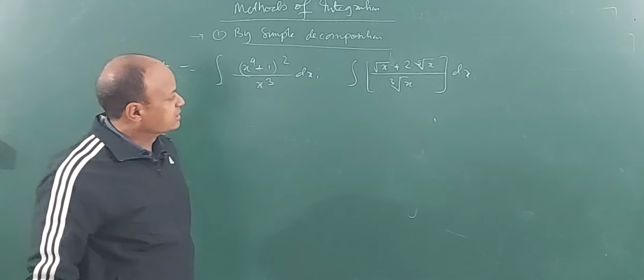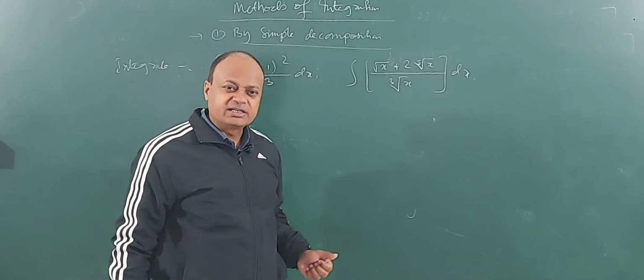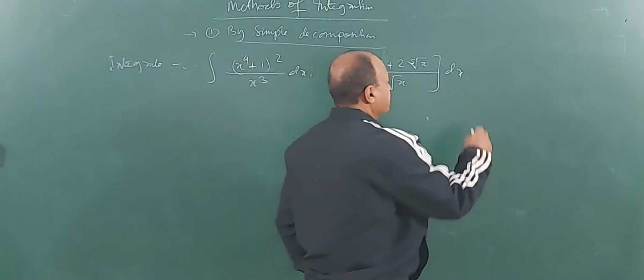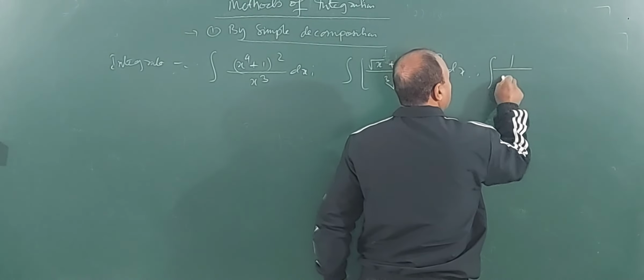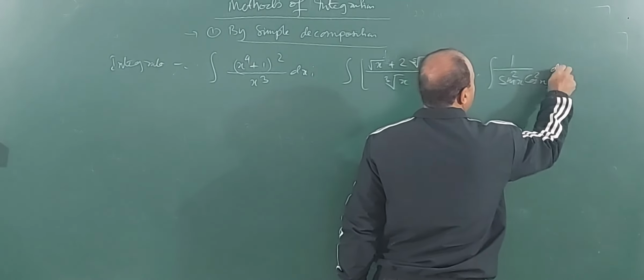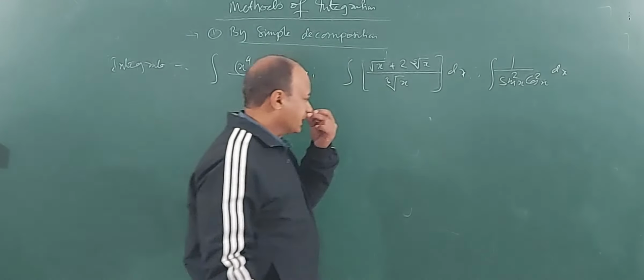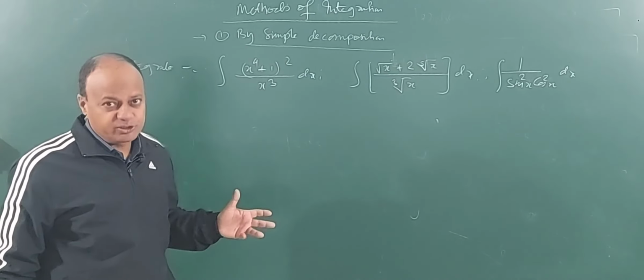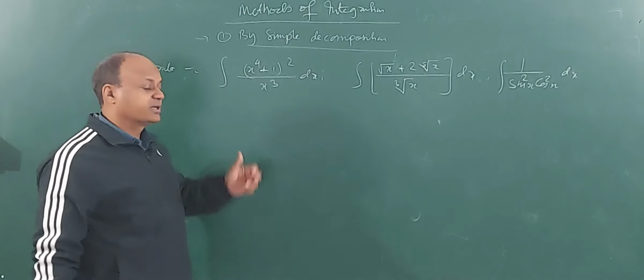Yes, this looks like a very complicated integration, but it's very easy. Suppose I ask you to integrate 1 upon sin square x cos square x with respect to x. In all this, children, we need to simplify and then proceed. The simplification will make it very easy.